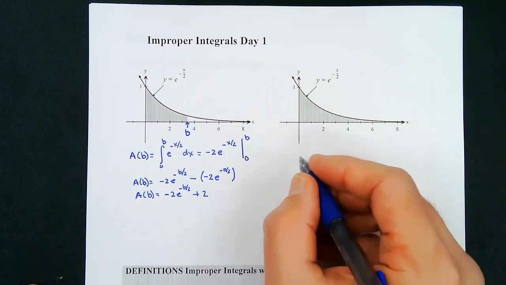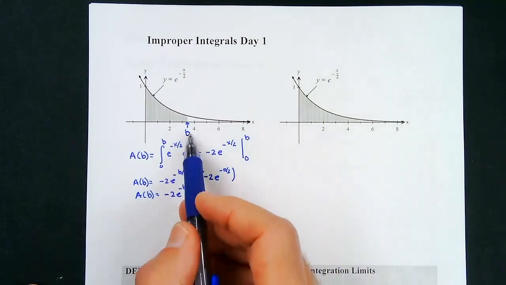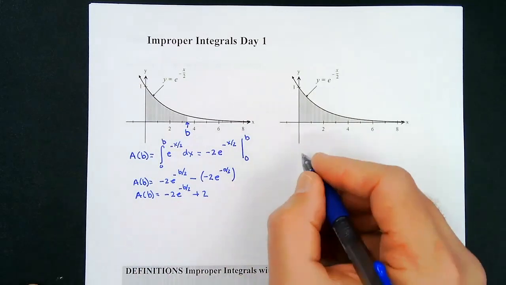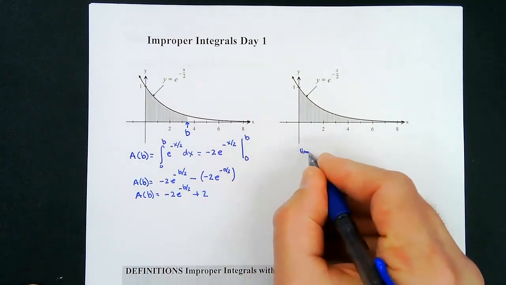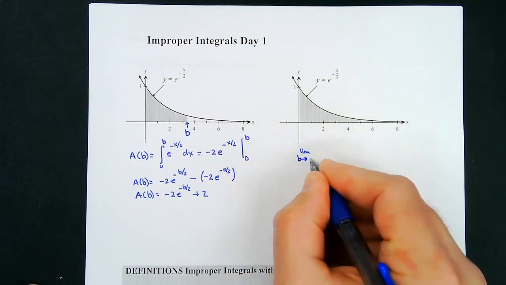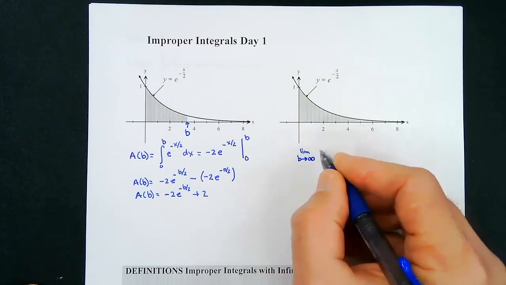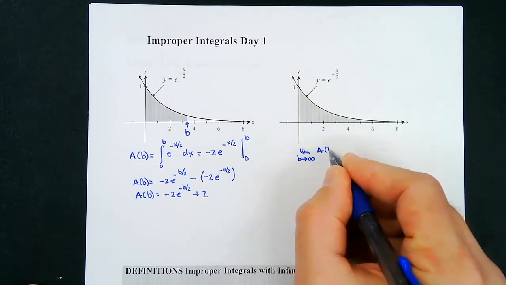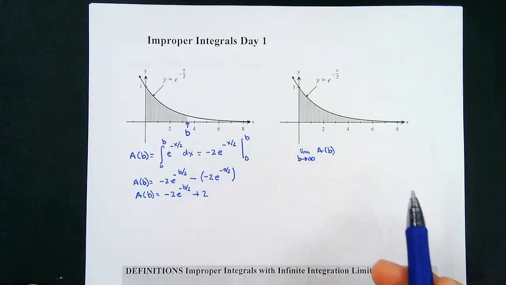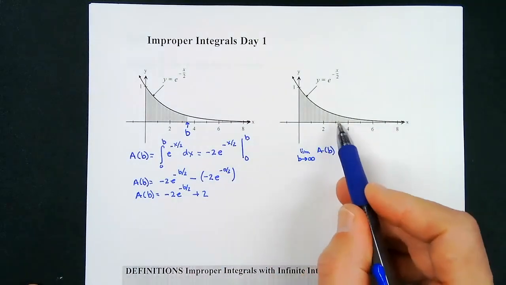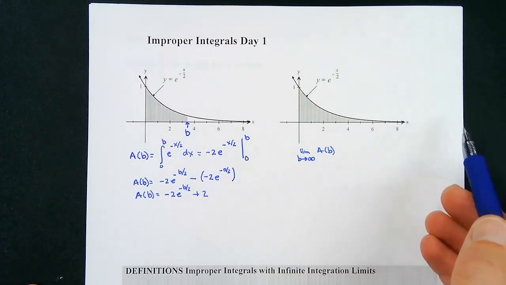We can change this to a limit, where we make this b go to infinity. So we'd want to find the limit as b approaches infinity of A of b. That would give me the area with my upper limit going all the way to infinity.